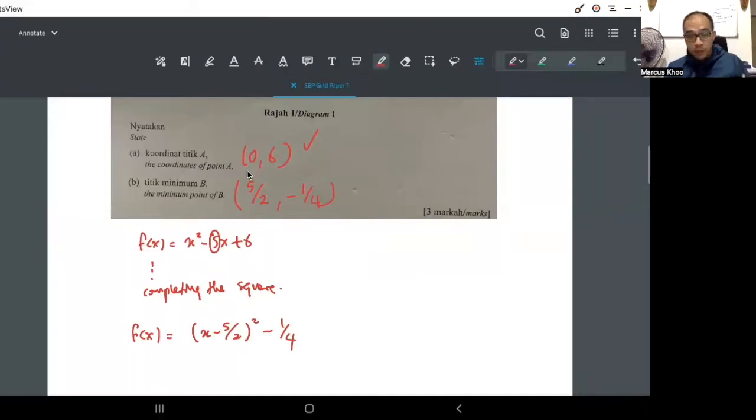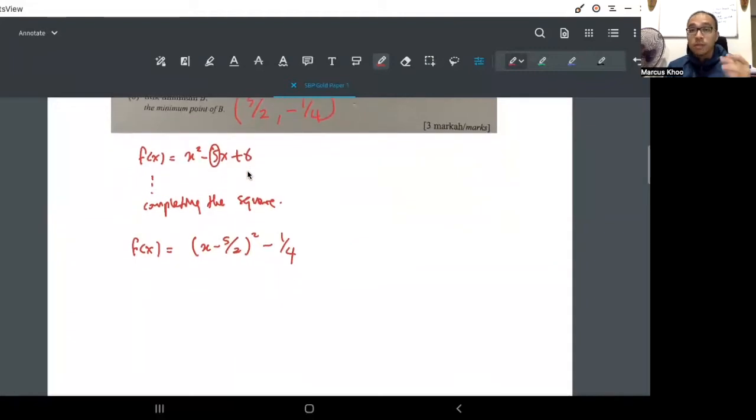This information will give you the value of the minimum, or in other cases, the maximum point. But here it will give you the minimum point. If you don't already know how to do completing the square, this is a good time for you to go and check back the steps. I'm just going to give you the final product.